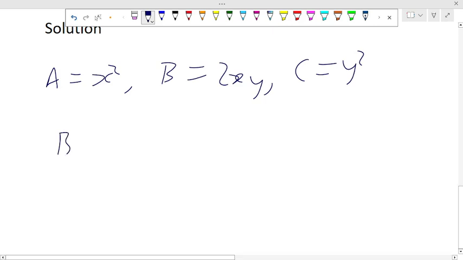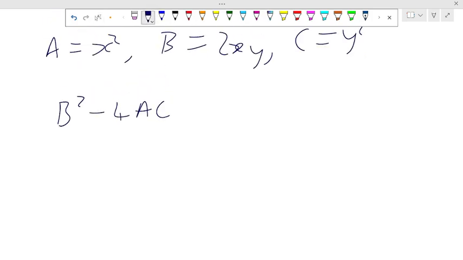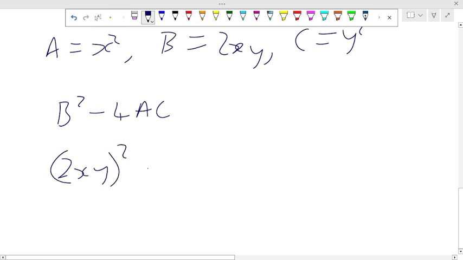b squared minus 4ac. Let's see if it will be less than, equal to, or greater than 0. b is 2xy, so (2xy) squared minus 4 times a, which is x squared, times c, which is y squared.